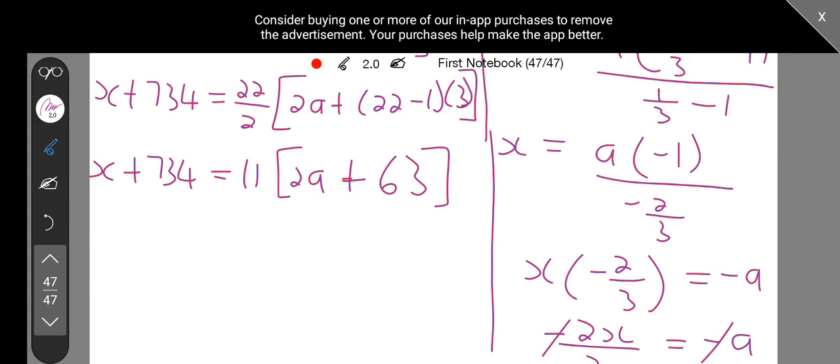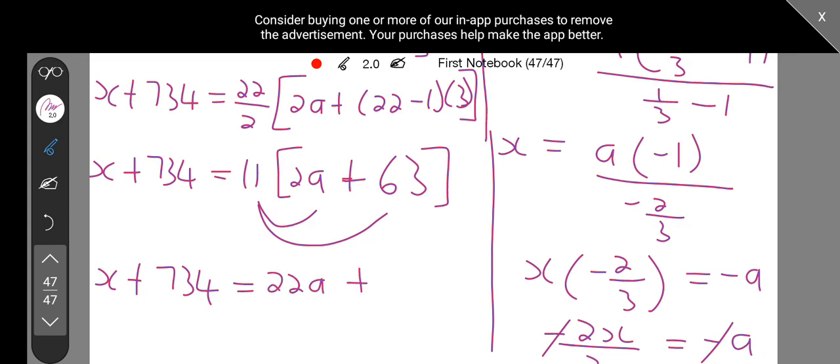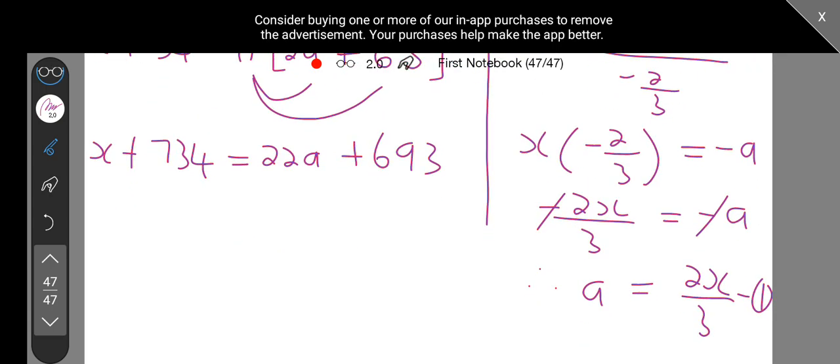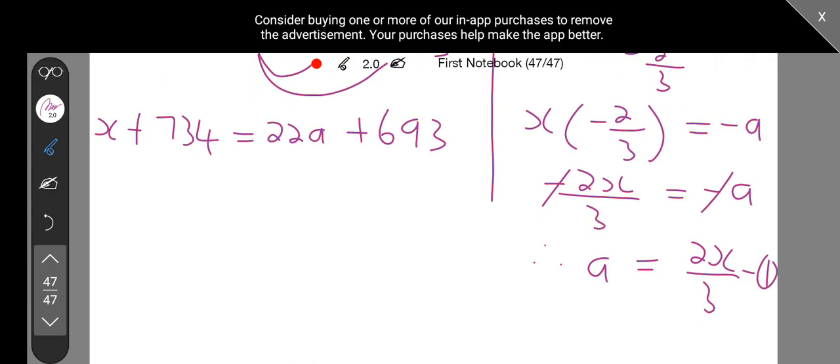So we can multiply everything inside the brackets by 11. Therefore, we'll have x plus 734 is equal to 11 times 2a, that is 22a, plus 63 times 11. Let's see, that gives us 693. So we're going to add the like terms. We take the 693 to the left side and it changes the sign.